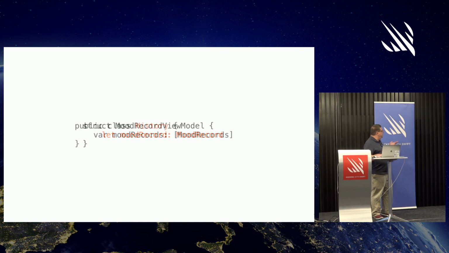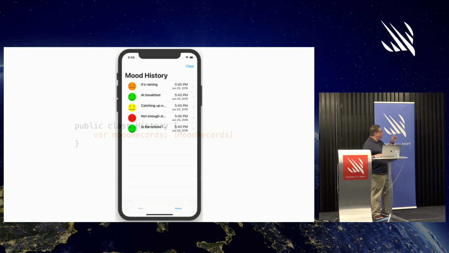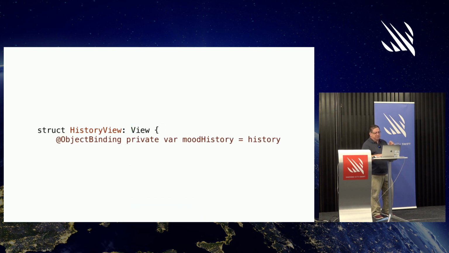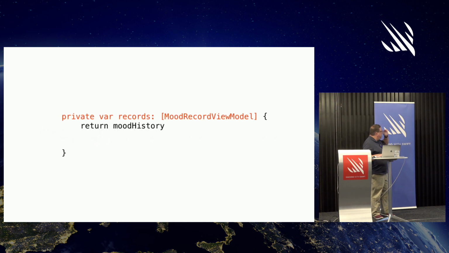And so if you give me a history, and the history contains an array of these model objects, and I want to display them on the screen, then in my view, I say, look, I bind to the history, so I get the history, and somehow I've got to turn that history's model array into view model array so I can fill this. And so we do this in a computed property for records.